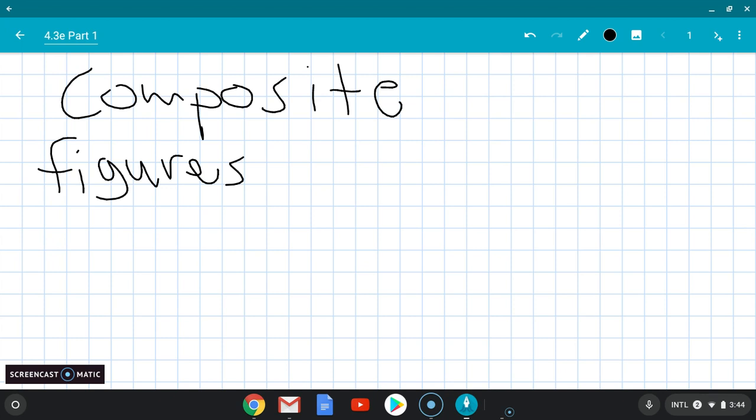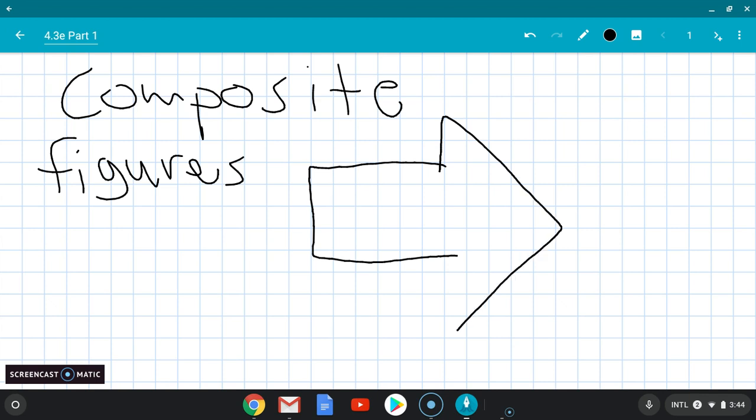So say you have a rectangle with a triangle, right? That's basically an arrow. It's a composite figure. You have the rectangle part and the triangle part. I could separate them with a dashed line here.